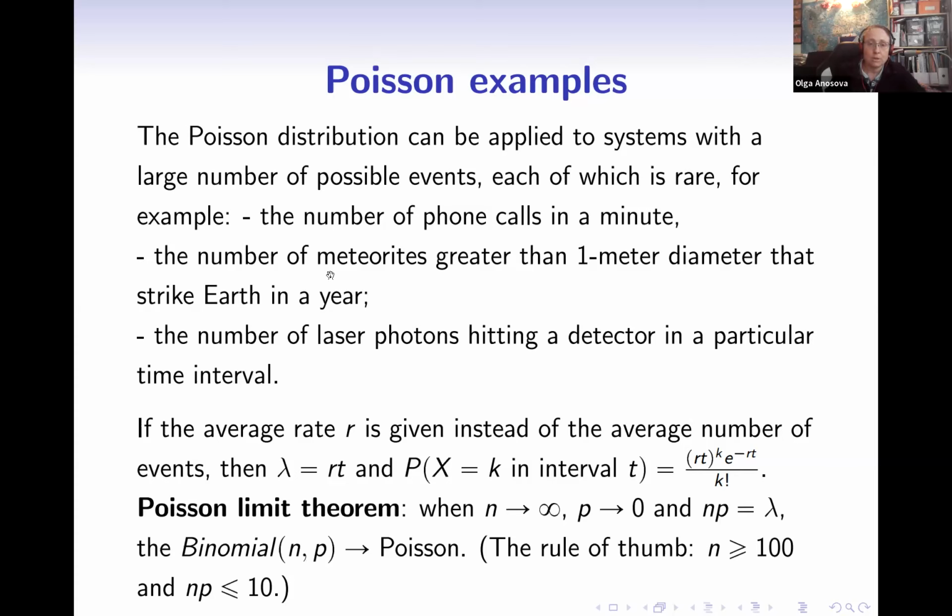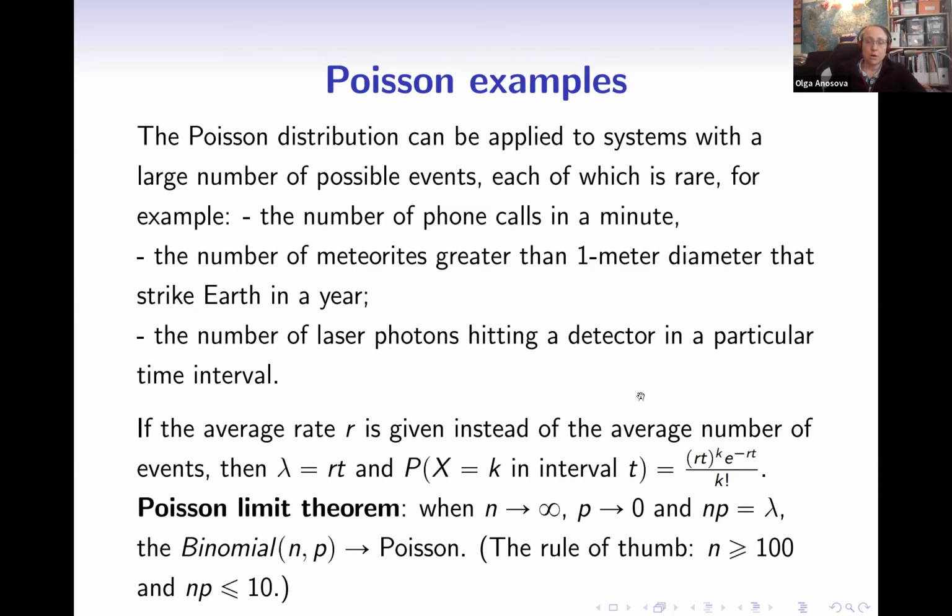But it can also be used to model similar things, including the number of photons hitting a detector. And it's also useful because if we know the average rate instead of the average number, then the formula is quite slim and easy.